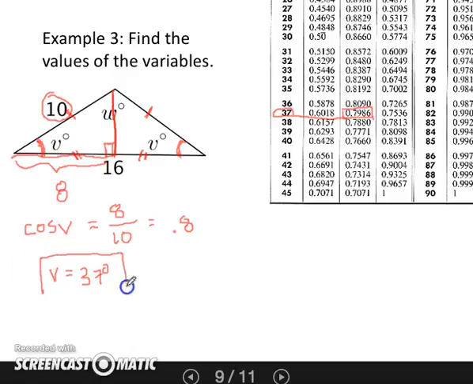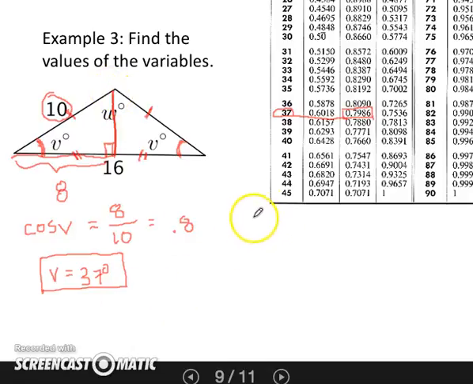Okay, am I finished? Not quite, but I'm pretty close, because now I know the two base angles of this big isosceles triangle. So I can use one of my old tricks to find out what the remaining angle is. I can use IATs.